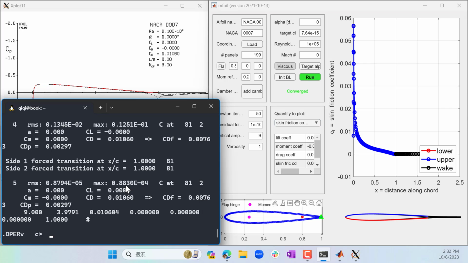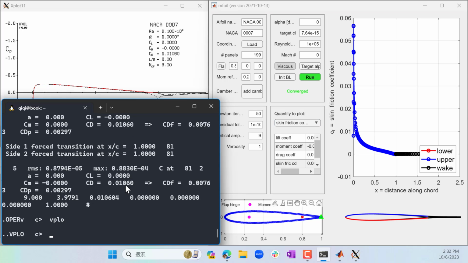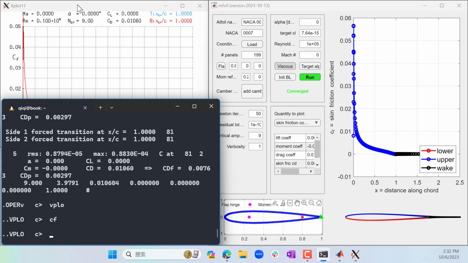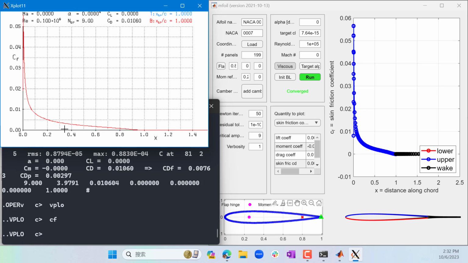So in Xfoil, what you do is you go to a submenu called the vplot, VPLO, and the 2 dots means you are going to a second level submenu. And to plot the skin friction, you type CF. So that's the skin friction over the airfoil. All right. And this is the same skin friction we went over in class today.